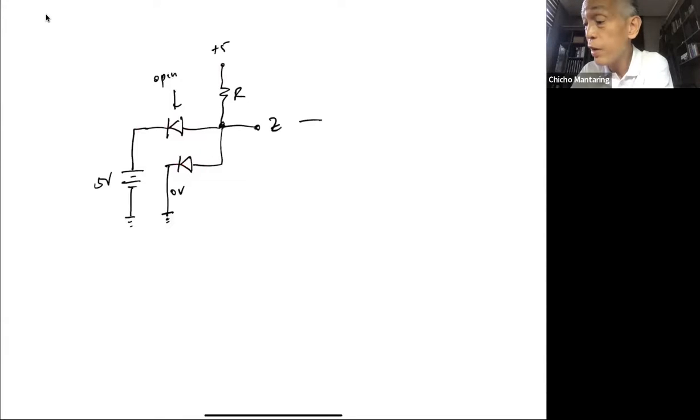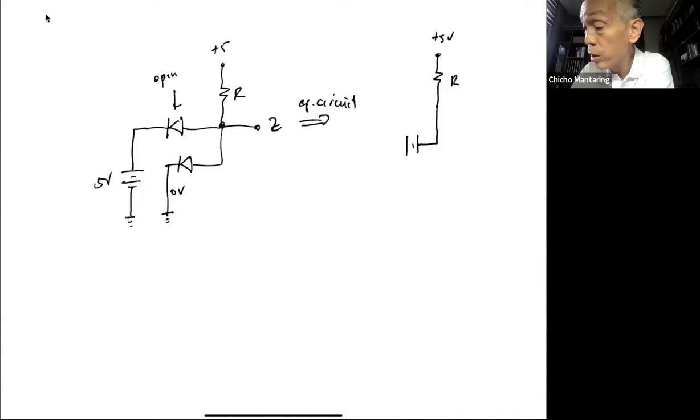So what is my equivalent circuit? I have 5 volts, R, and this is now going to be equal to 0.7 volts, ground. So VZ is just 0.7 volts.